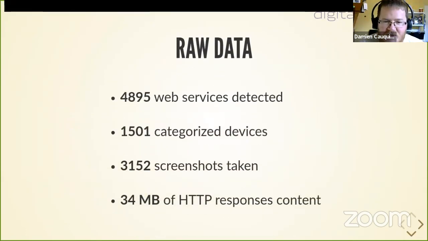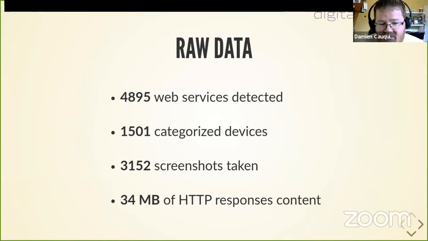So just to sum it up, my raw data, my input data, I have 4,895 web services detected. I ran this through my classifiers. I was able to classify or categorize 1,501 devices.